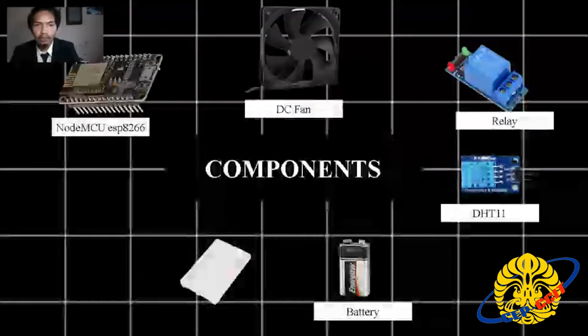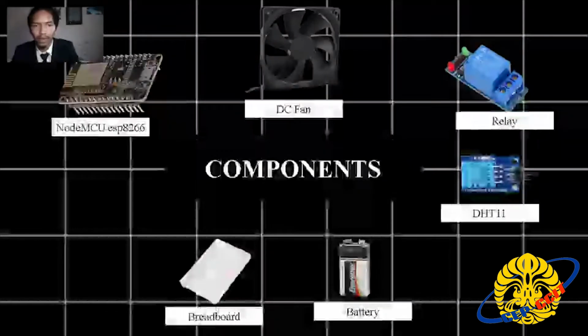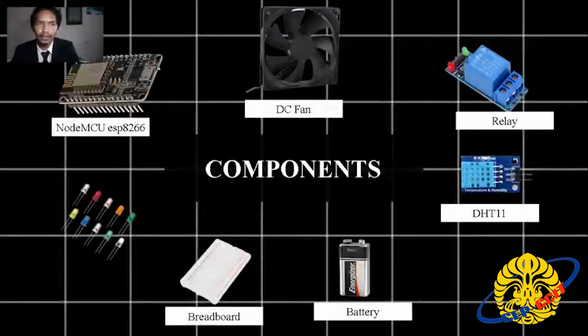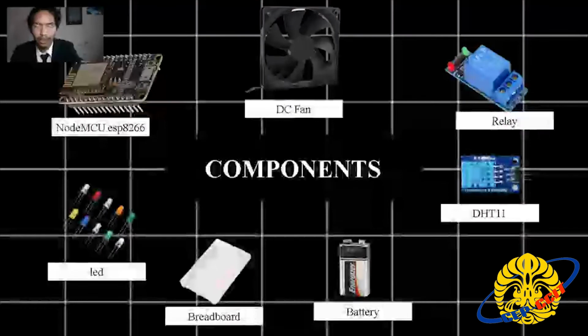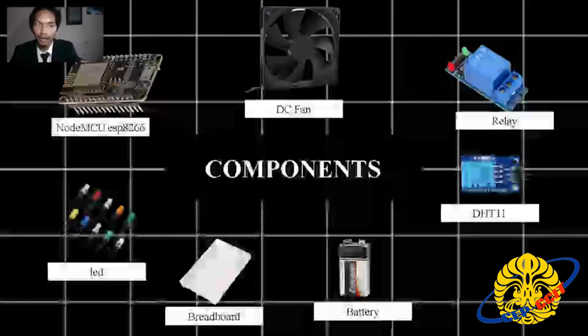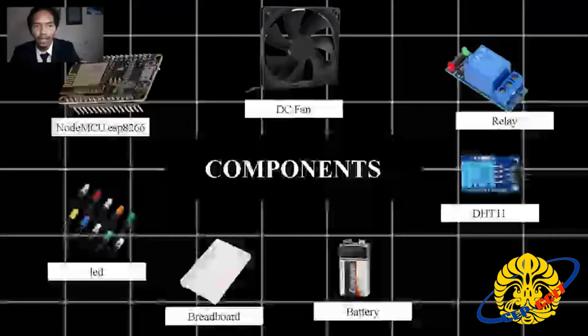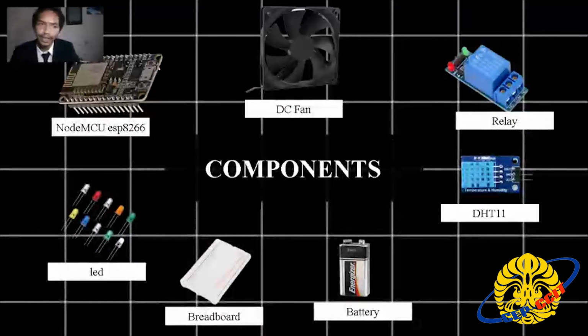This is the breadboard for the Node MCU, and this is the LED. The main function of the LED is for testing the connection of the internet. If there is any connection, the LED will turn on. If there isn't any connection, it will turn off.